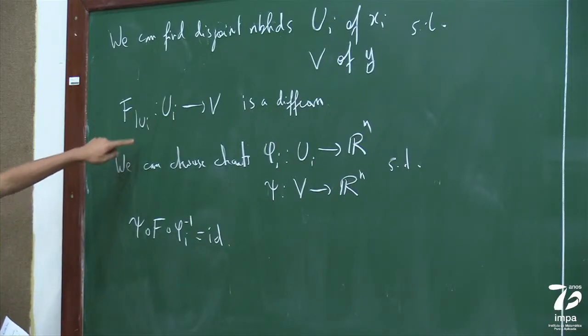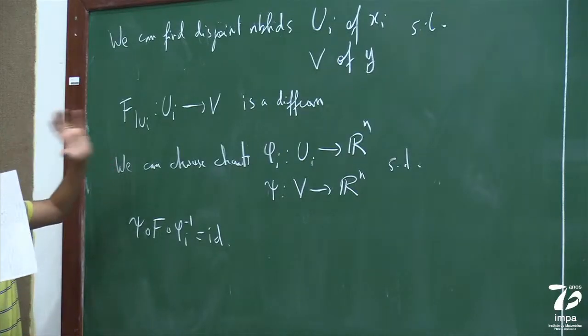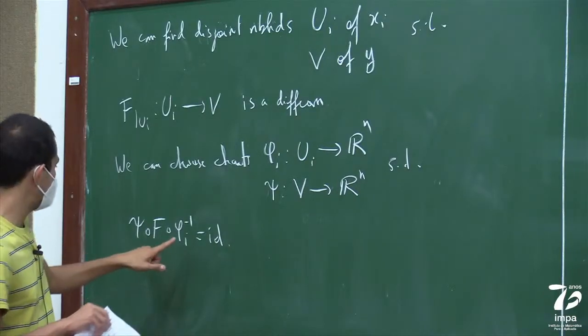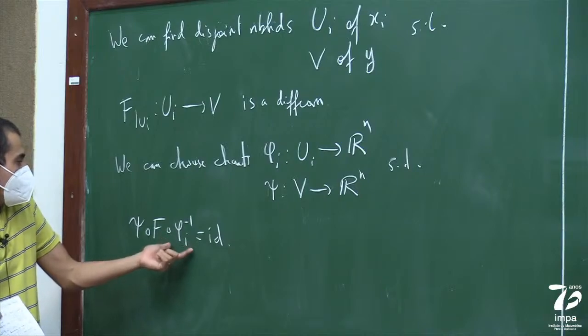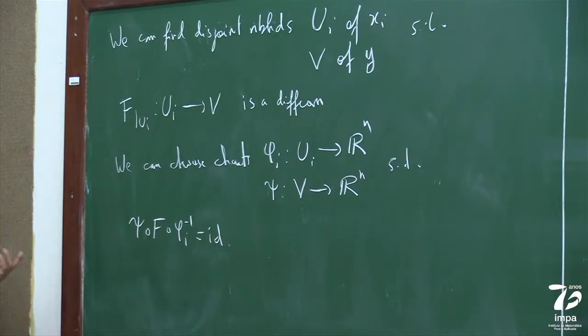So you look at these maps phi and psi, and you have a chosen orientation. The phi i and psi don't have to match the orientation.